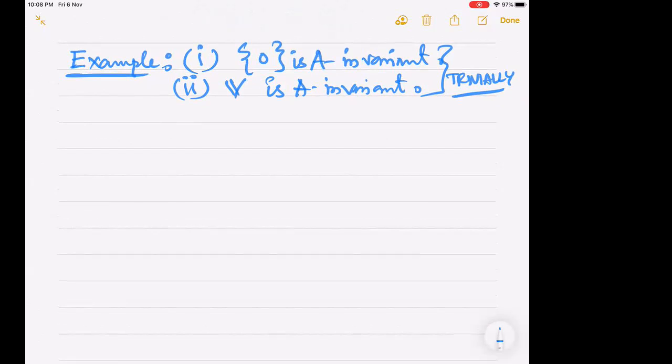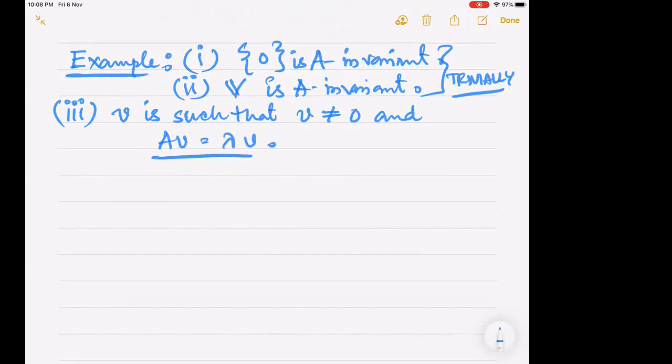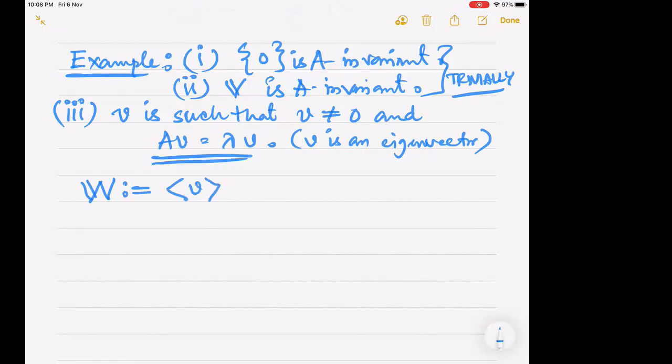Suppose v is non-zero and Av equals lambda v. Does it look familiar? Of course, that means v is an eigenvector. Now, in this scenario, if you define W to be the span of v, then you can notice that this is A invariant.